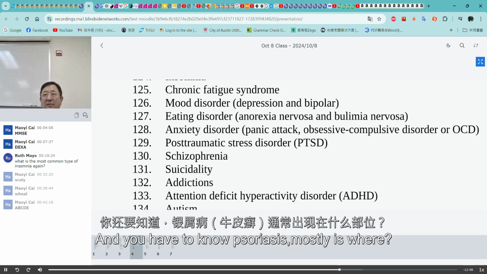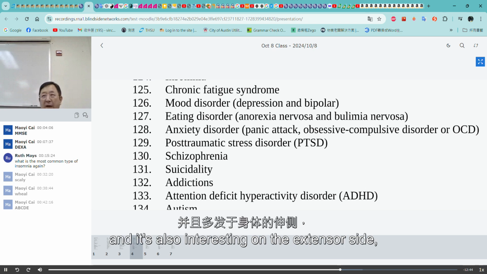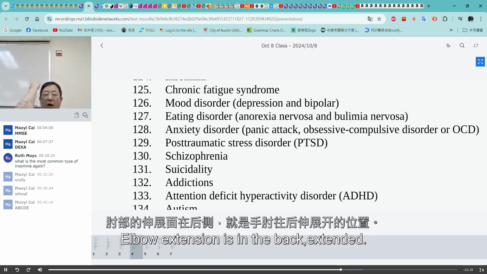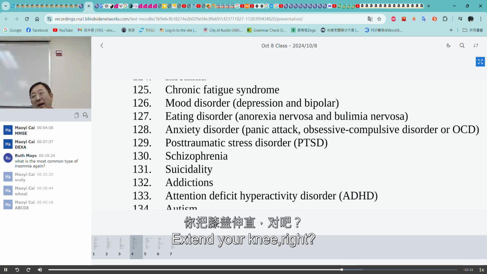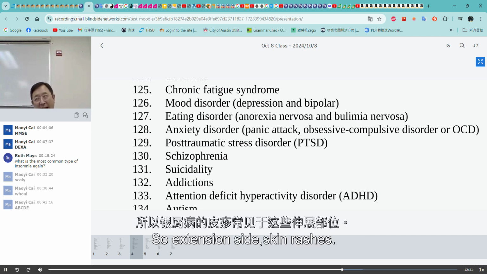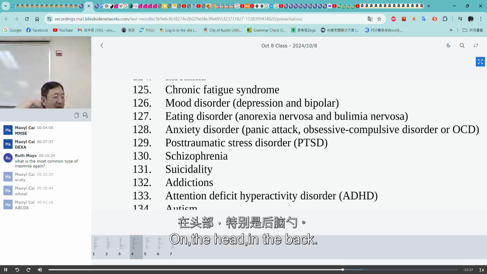And you have to know where psoriasis mostly is. It's on the elbow, on the knee area, and it's also interesting that it's on the extensor side, extension. Elbow extension is in the back, extended. Knee extension is on the top. Extend your knee, right? Extension. So extension side, skin rashes. Or sometimes even on the head, in the back.